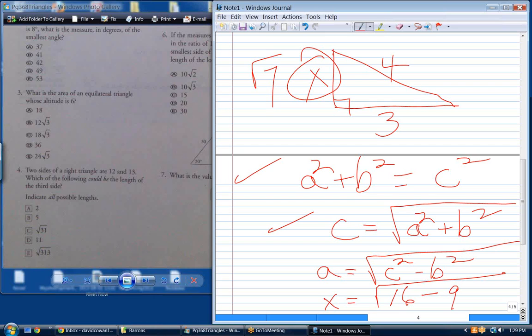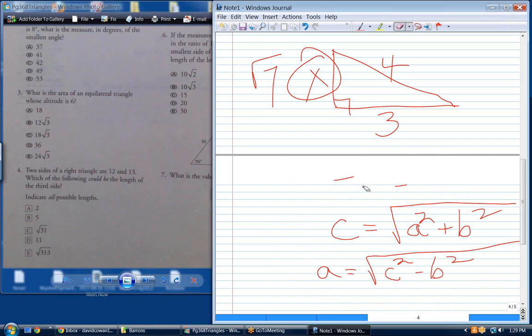No, the only thing you really need to memorize is A squared plus B squared equals C squared. This allows you to solve this and this. It is going to be faster for you if you memorize those two on the bottom.